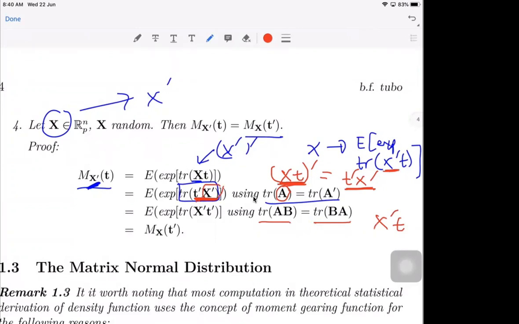Then you have x prime t prime. So now it is in the form of x prime. So it means that this is actually, by definition of moment generating function, the moment generating function of x at t prime. That's it. Questions so far?